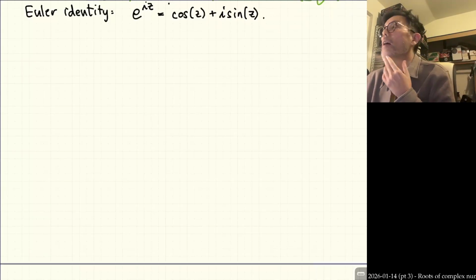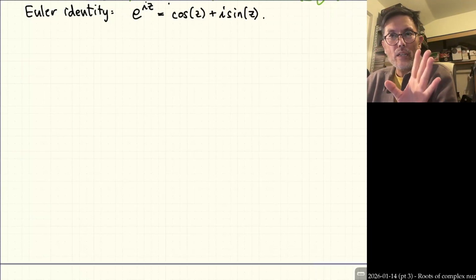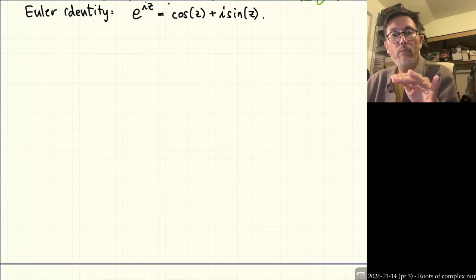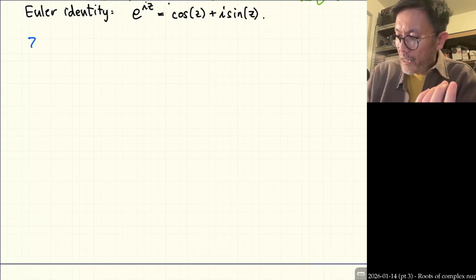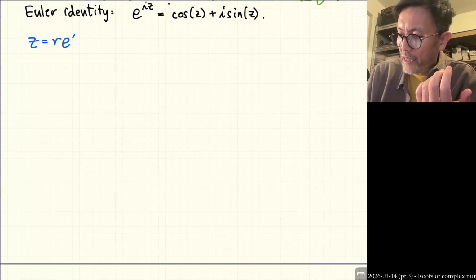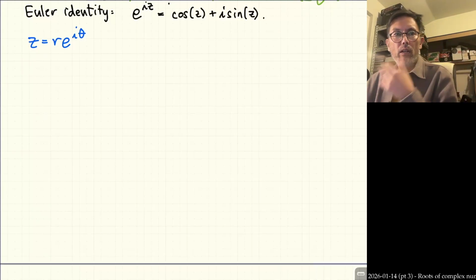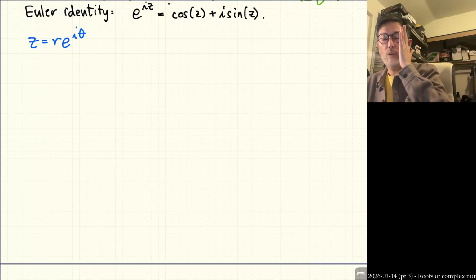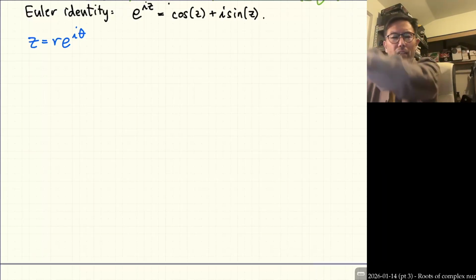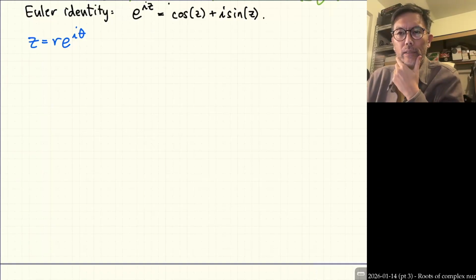So what does that mean for the polar form of a complex number? Let's suppose that we start with z being equal to r times e to the i theta. Theta here is a real number. It's the measure of an angle with respect to the positive real axis in the complex plane.